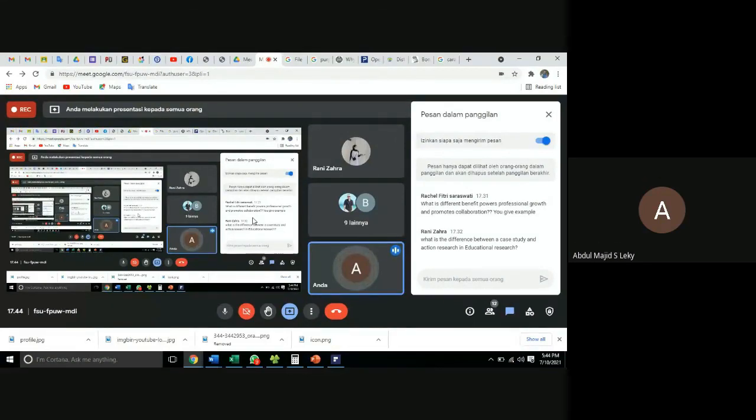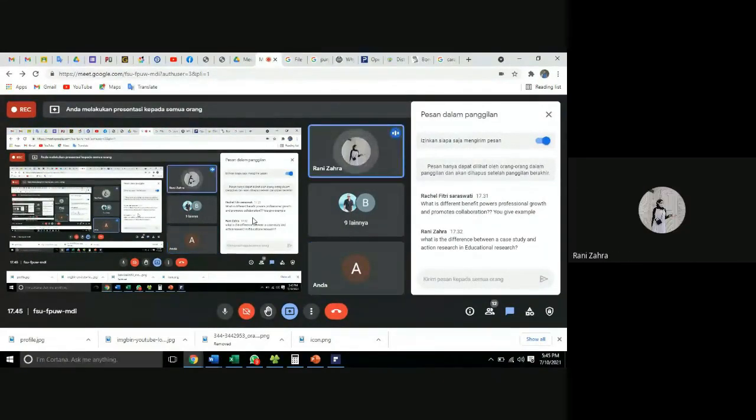Action research is more particular to the classroom, and case study can be for the teacher or for the principal or for the educational authority. But action research is basically for the teacher and the students in the classroom. I think that's the difference.